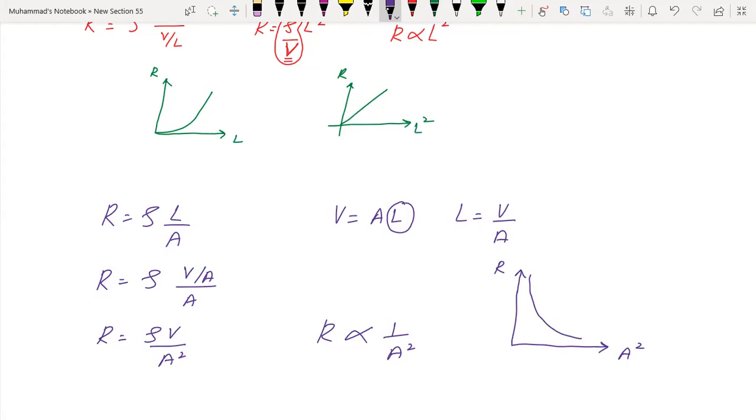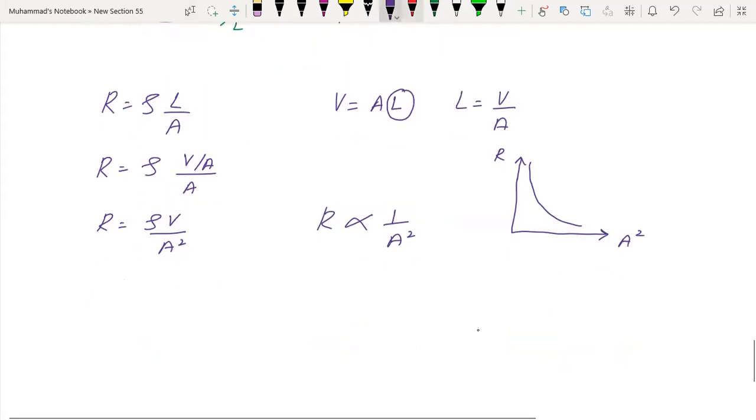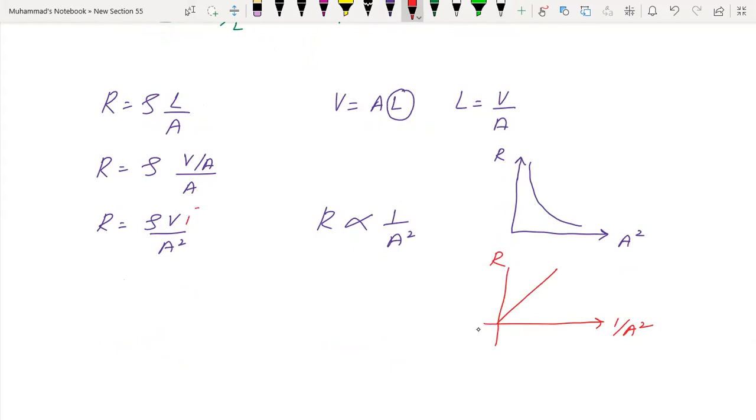And now if you plot 1 over A square versus resistance, then it will be a straight line, because 1 over A square is kept on the x-axis. Then if we replace this with x and this with y, then y is rho V times x, and the gradient of this graph will be rho V.